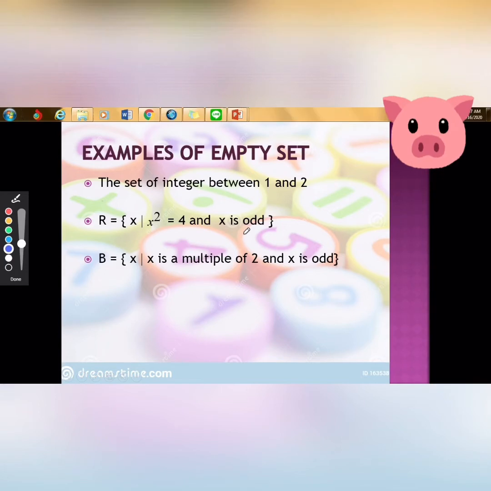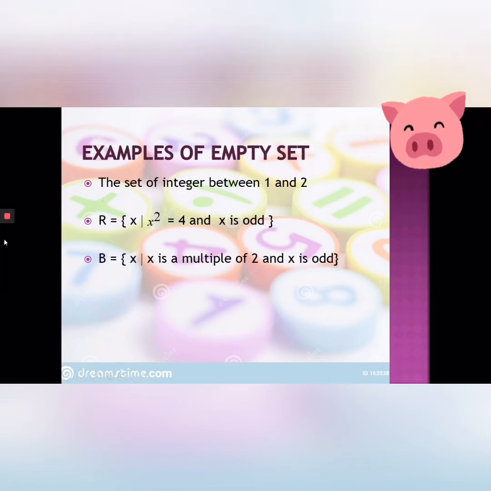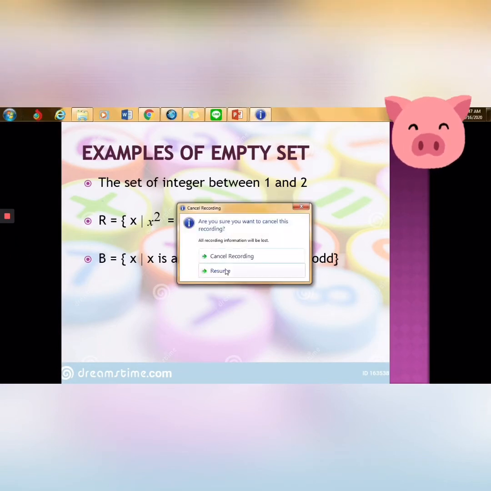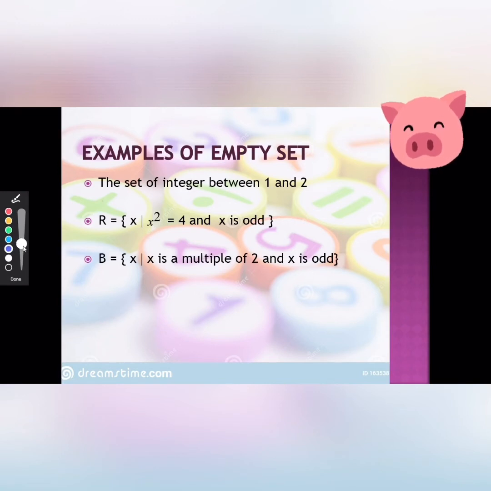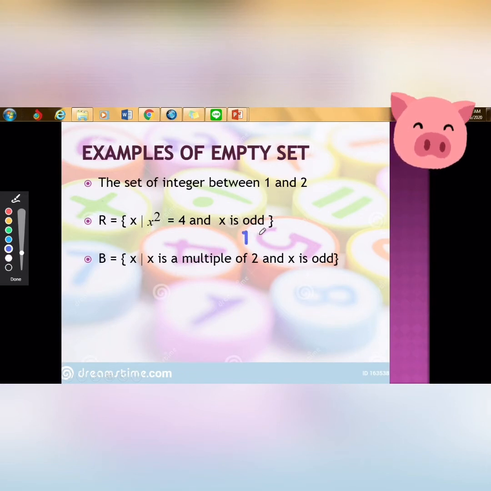Odd numbers are 1, 3, 5, and so on, to infinity. So that is the definition of an odd number.